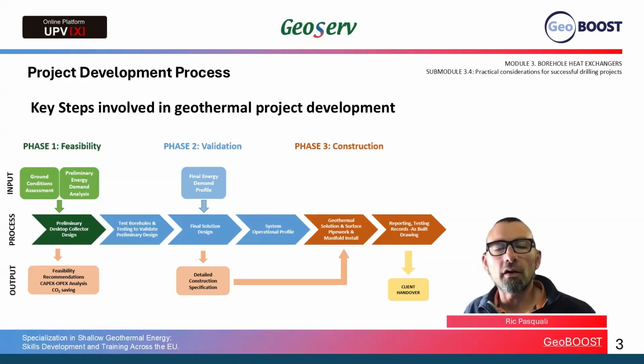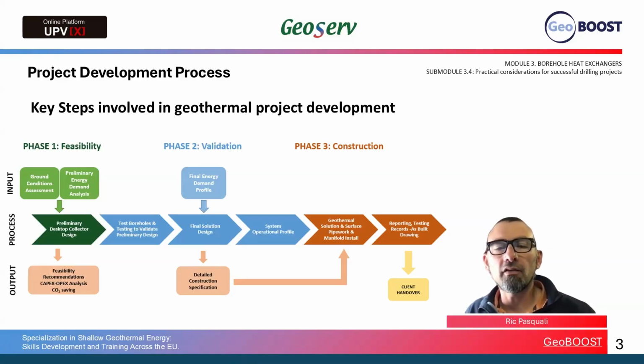That requires specific inputs from the ground conditions and knowledge of the preliminary energy demand for the project to try and understand which one is the most adequate collector design solution. This generally leads to an initial output of what the geothermal system might be able to deliver.